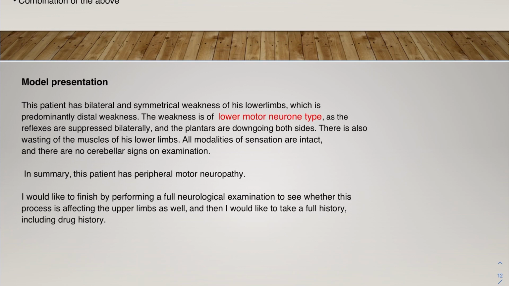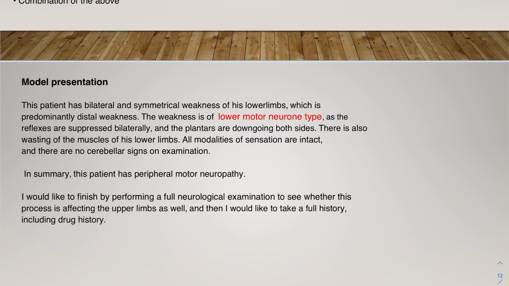So here you can see we find all signs of the motor neuropathy. Then you will not stop here. You say, I'd like to finish by performing a full neurological examination to see whether this process is affecting the upper limb as well. And then I would like to take a full history, including the drug history.